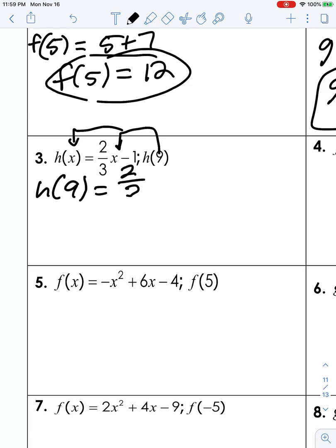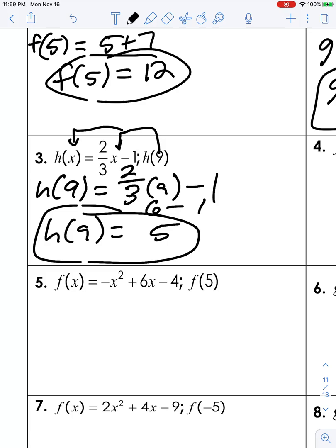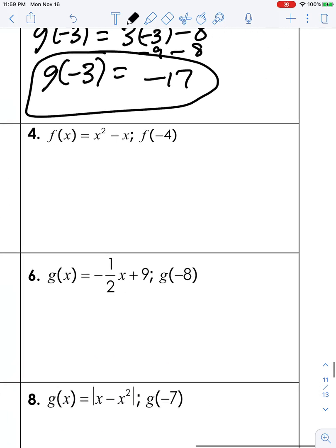What does it equal? So the right side is where you're going to do all the math. So 2/3 times 9 is 6. 6 minus 1 is 5. And that's your answer. So when you plug 9 in for x, the answer in this equation is 5.